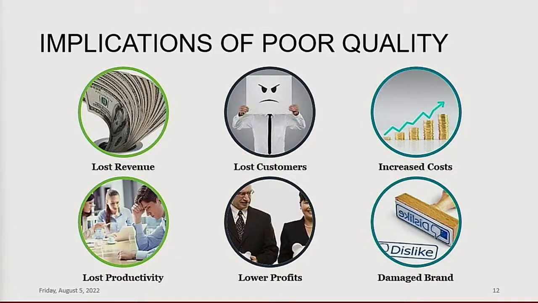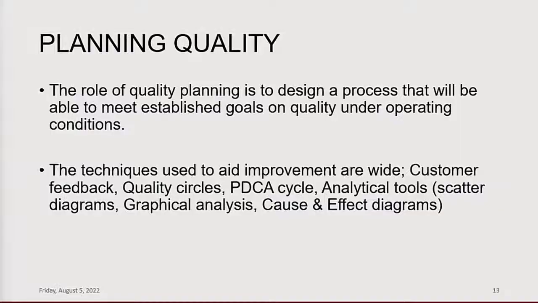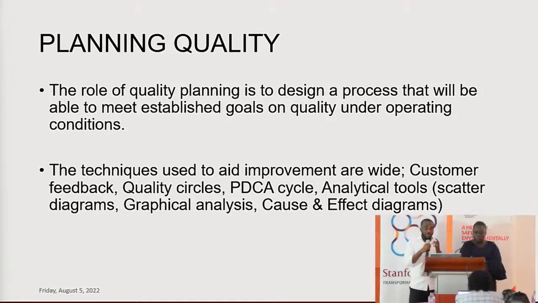Thank you. All right, thank you, Marriott. So to continue with what quality is, we will look at planning quality. The role of quality planning is basically to design a process that will be able to meet established goals on quality under operating conditions.